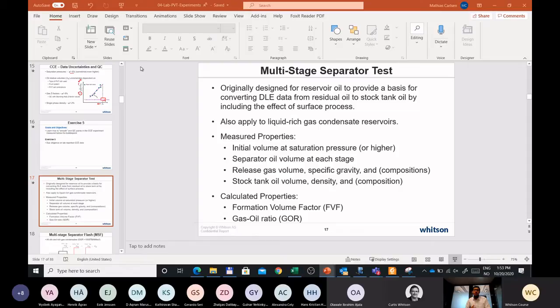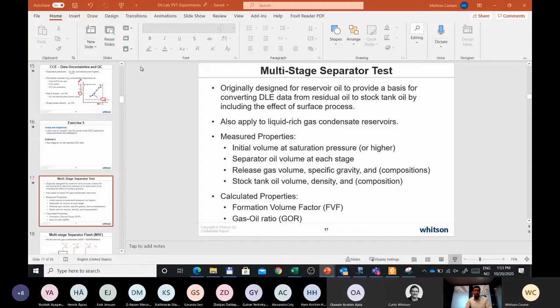So historically, what people used to do is they used to have this DLE experiment and a multi-stage separator test experiment done on the oil, and then the separator test was used to correct the DLE data so that you can use that data directly as black oil tables in your simulators, for example, for material balance calculations and other things. And the reasons why you need the corrections on the DLE data, that's something we are also going to discuss in this presentation.